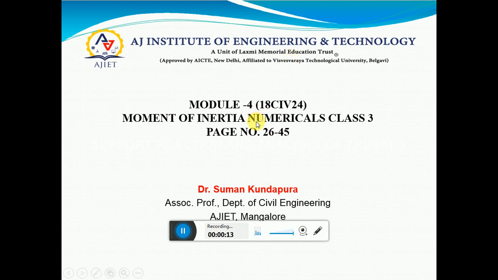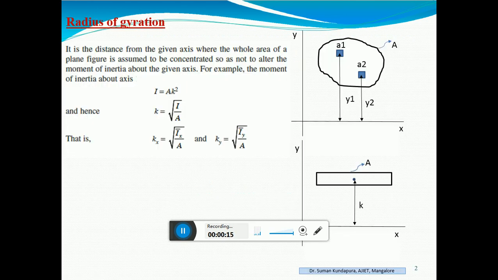We have already looked into the concept of moment of inertia in the previous classes. Now, the moment of inertia concept is very important in the design problems, and we found out how to find the moment of inertia, how to mark the reference axis, and from there how to find the centroid, and further the moment of inertia about the given axis.